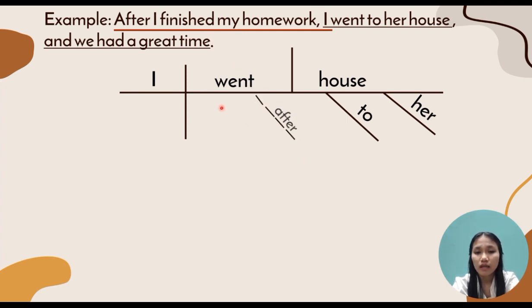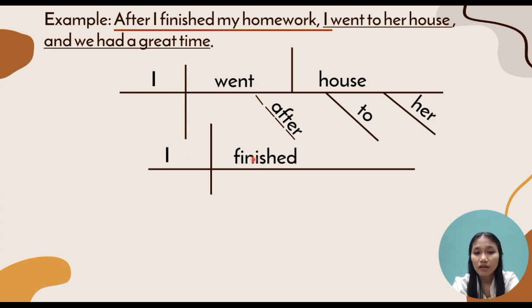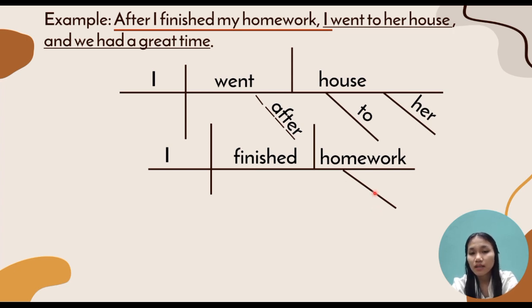Okay, that's it. So again, below our independent clause, we are going to put our dependent clause. So I is the subject, finished is our verb, and homework is our direct object. So my is written using a slanting line below our direct object. And "we had a great time" is our last clause.